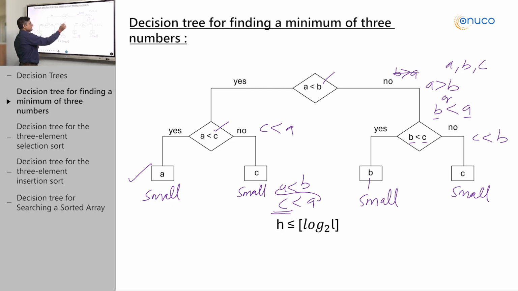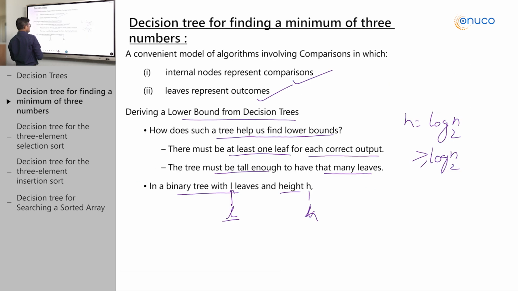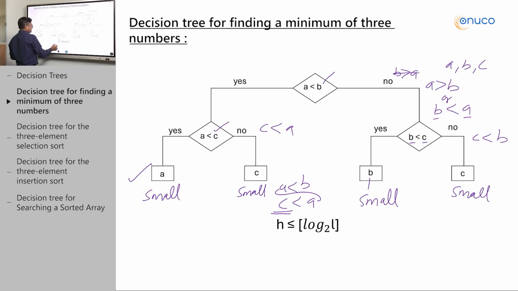We have done the comparisons at each and every level, and we got the leaf nodes: A is small, C is small, B is small, and C is small. So how many leaf nodes do you have? 1, 2, 3, 4. So you are going to write log 4 base 2, so it is 2.